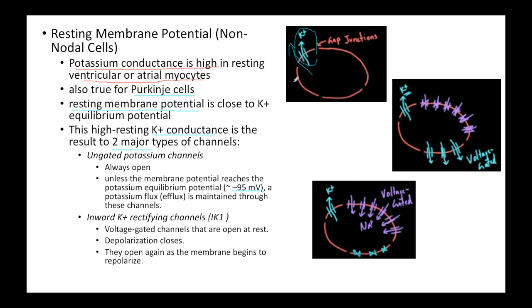There's this particularly ungated potassium channel that's always going to be open and always pumping out potassium, and it's going to be maintained unless we reach the equilibrium potential, and then it doesn't have as high a conductance. Their conductance is going to go down.